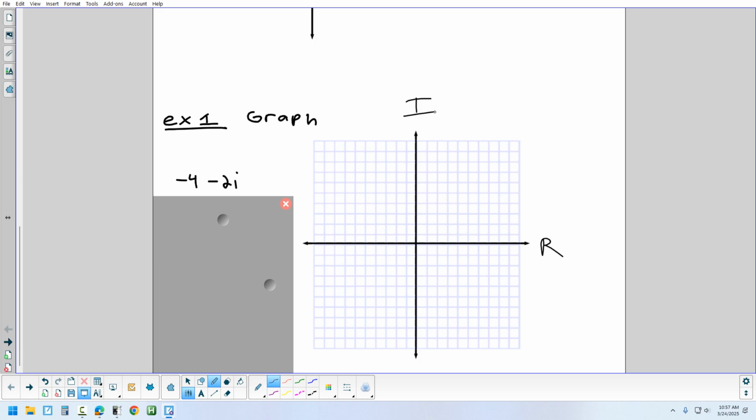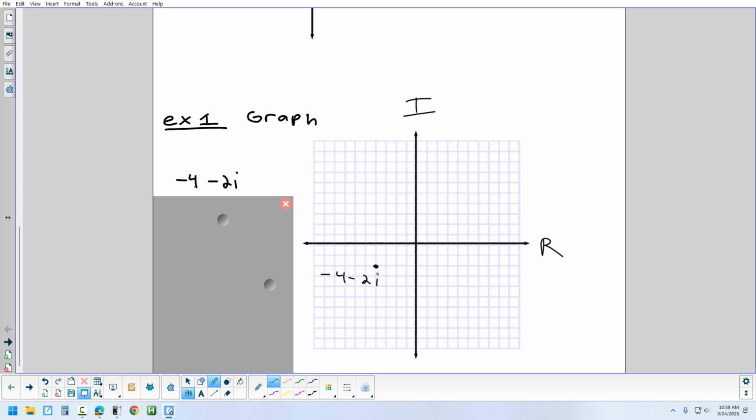So we're going to start out by going left 4, and then what is the imaginary part? Just negative 2. So on the real axis, you're going to find negative 4. On the imaginary, you're going to go to negative 2. So what that means is left 4, down 2. And that's how you graph the point negative 4 minus 2i.